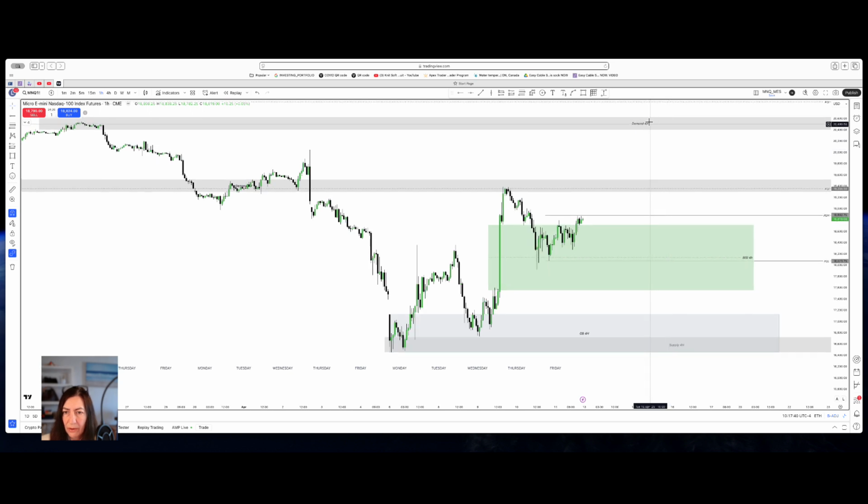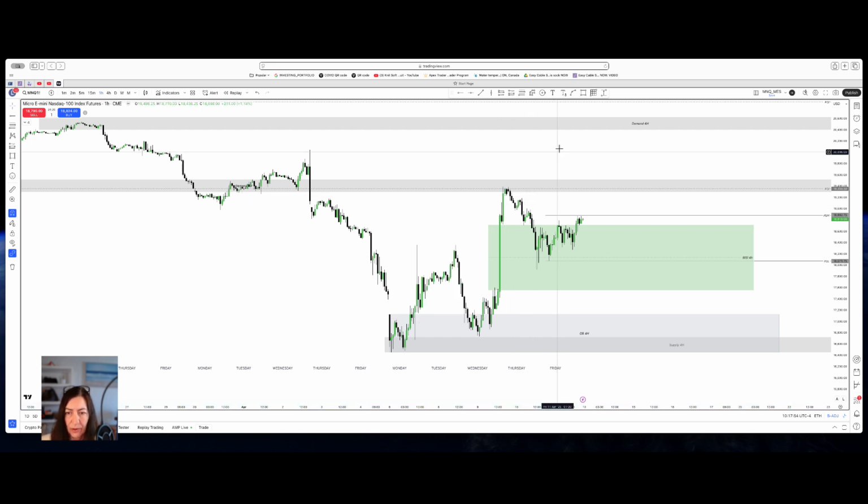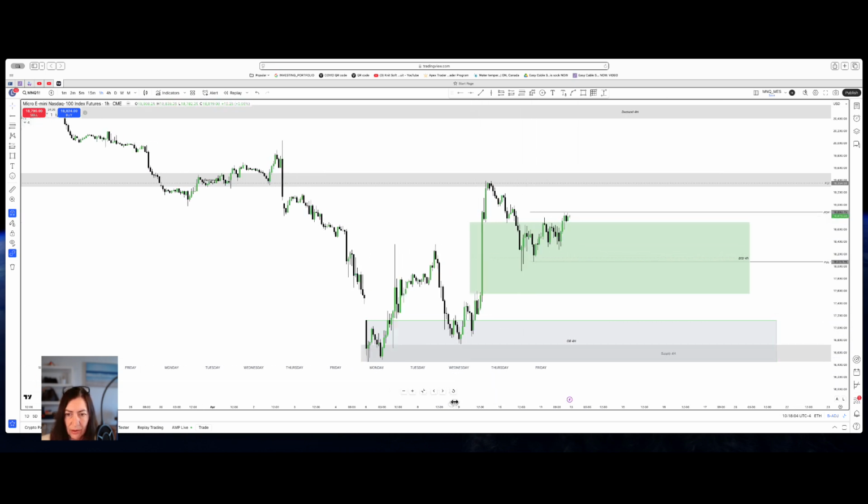So we have our 4 hour demand zone up here. We have our 4 hour demand zone here. And then we have our 1 hour. So we're just getting a closer look into what is happening here.